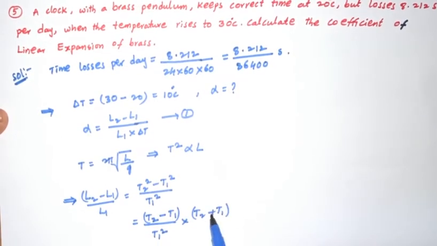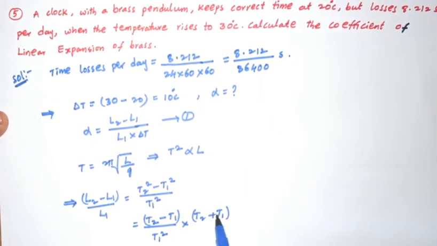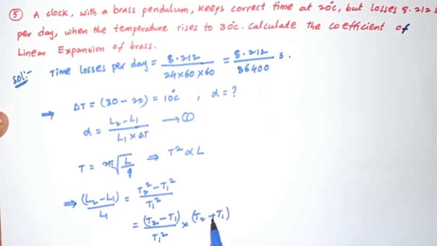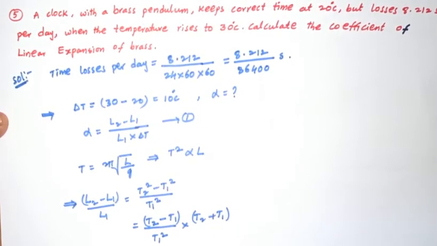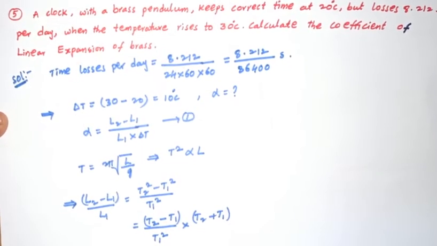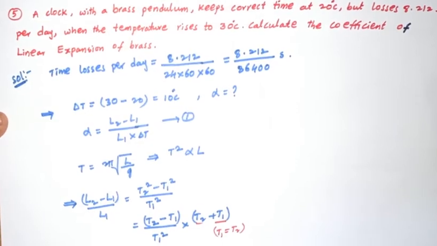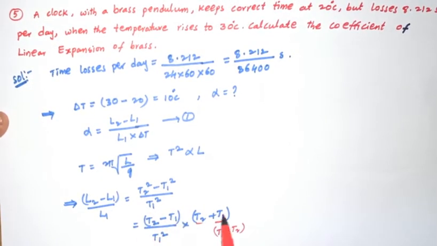The time period is very small, so we can take the time periods as approximately equal, that is T2 plus T1 equals 2 T1. So that equals (T2 minus T1) by T1 square into 2 T1.